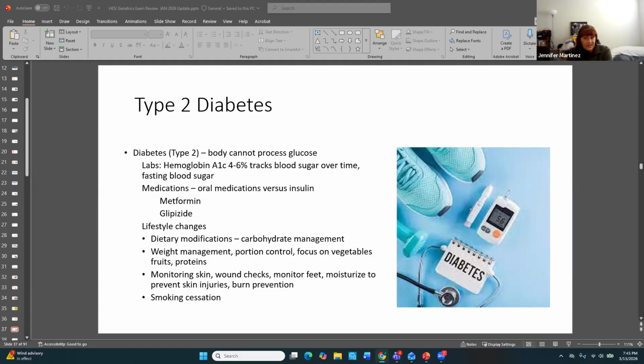They need to see a podiatrist, right? Or even just to cut their toenails. Burn prevention: decrease in sensation increases their risk for injury. And then, of course, smoking cessation is extremely important.